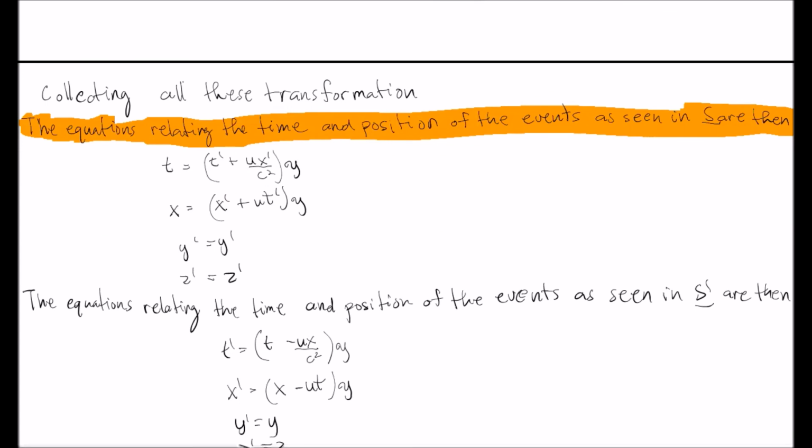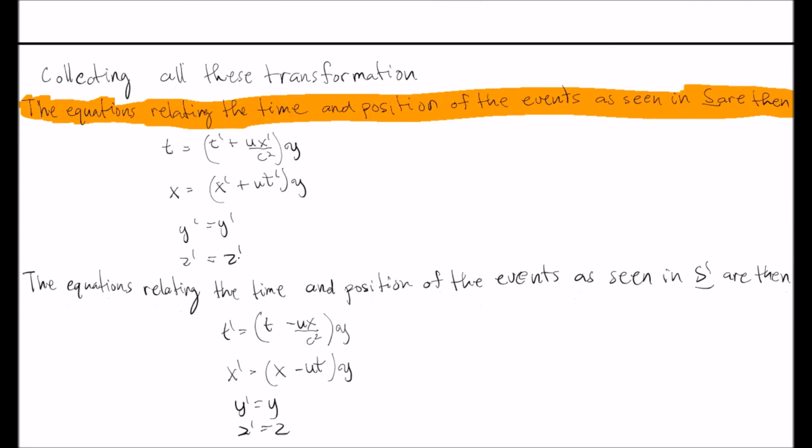And x is x prime plus the speed of the moving frame u times t prime, times gamma, and y is still y prime, and z is still z prime.